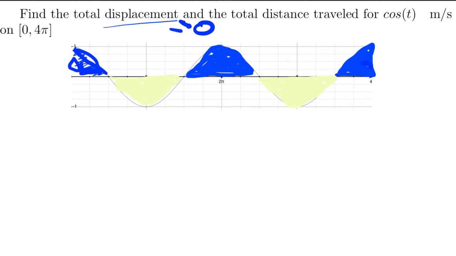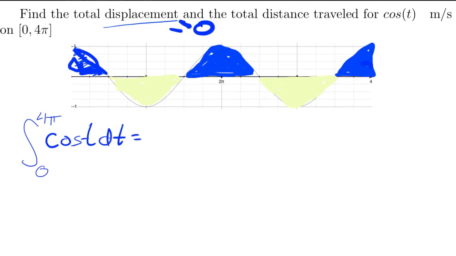Okay, so now let's actually find it. To find the displacement, we're going to do the integral from 0 to 4 pi of the function, which is cosine of t dt.